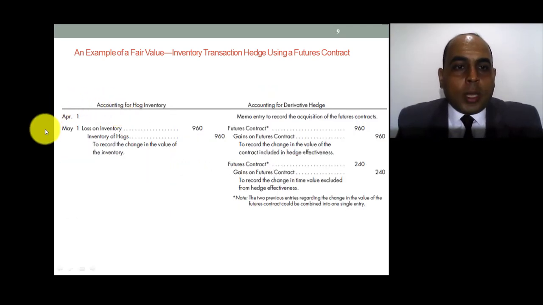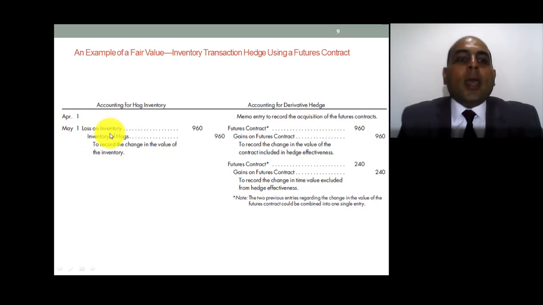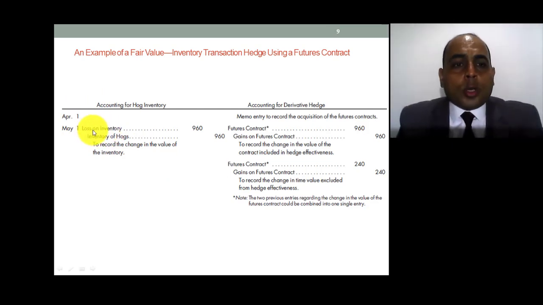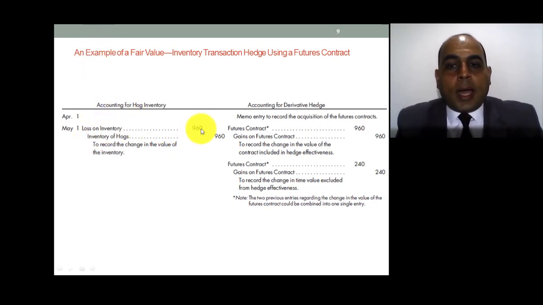How will we record it? Loss on inventory, which occurred because of holding the inventory, so the inventory will be reduced by this amount of loss. Loss on inventory 960, inventory 960. Okay, this is the first part.